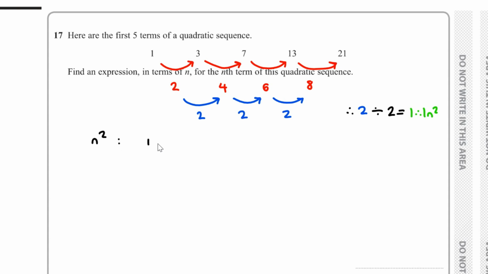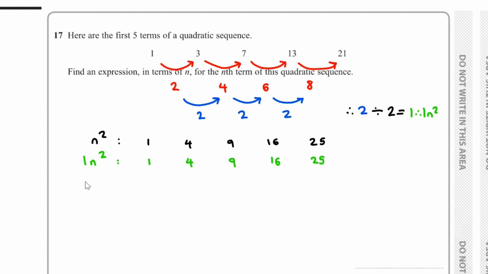So for our n squared terms, we have 1, 4, 9, 16, and 25. We could continue as well, but because only 5 terms are listed here, let's list 5 terms here. We then find out the 1n squared terms. Here we have 1 multiplied by 1, 1 multiplied by 4, 1 multiplied by 9, 1 multiplied by 16, and 1 multiplied by 25.